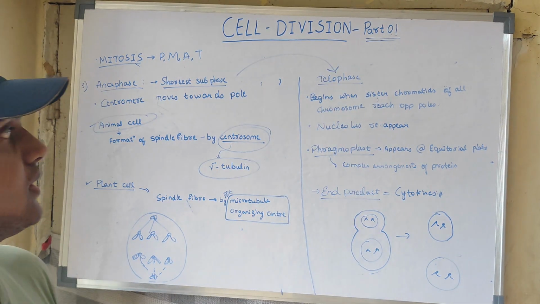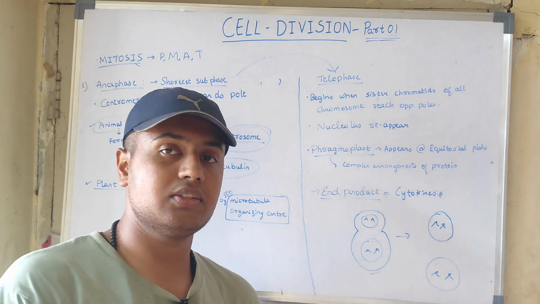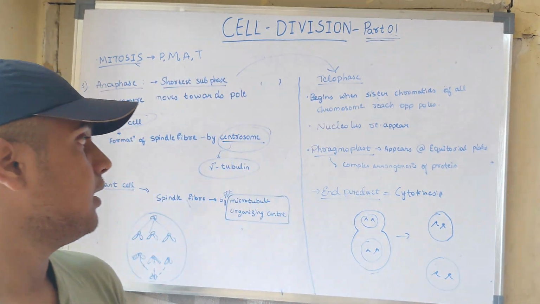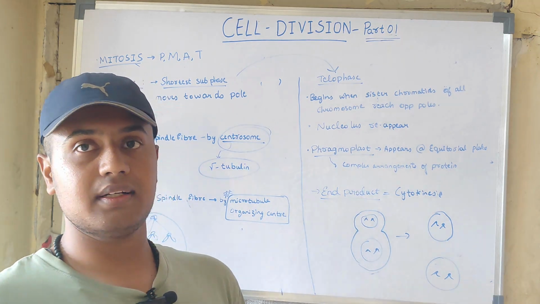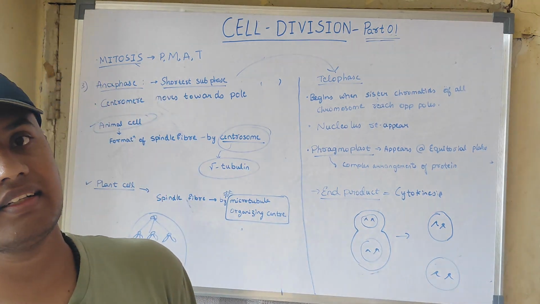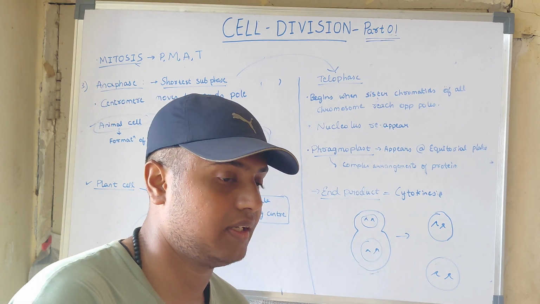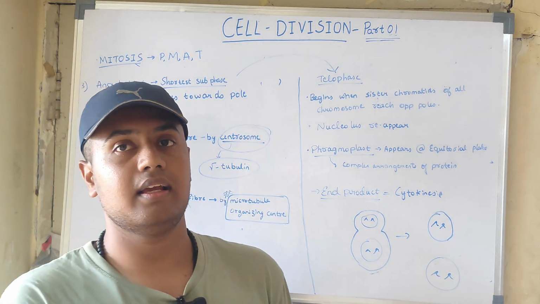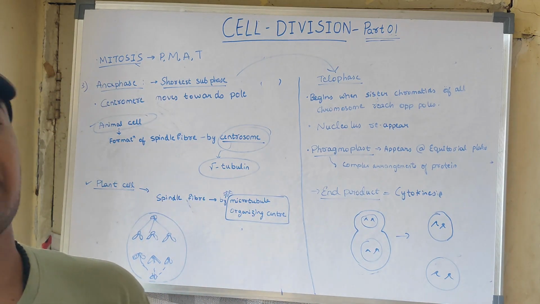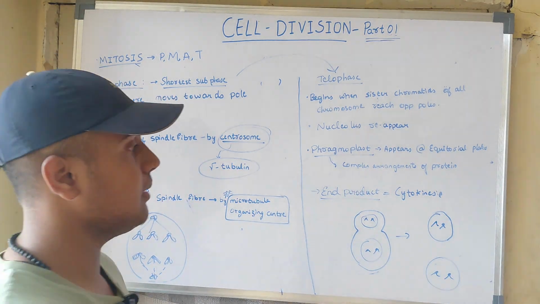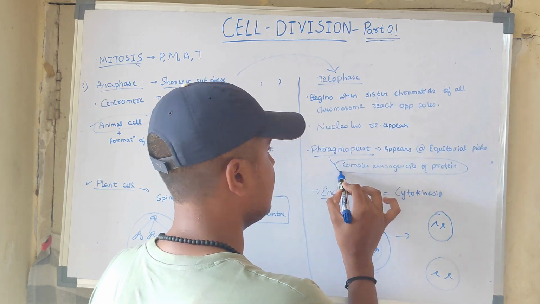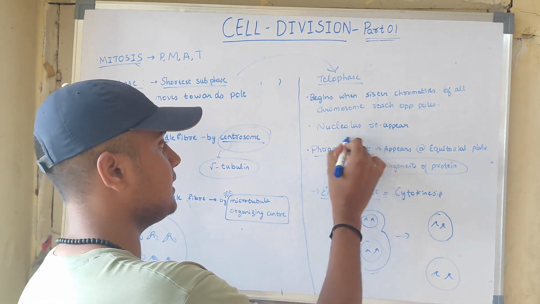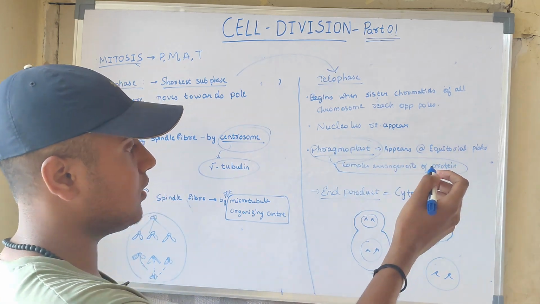In telophase, sister chromatids reach the opposite poles and nucleolus reappears. Phragmoplast appears at the equatorial plate.